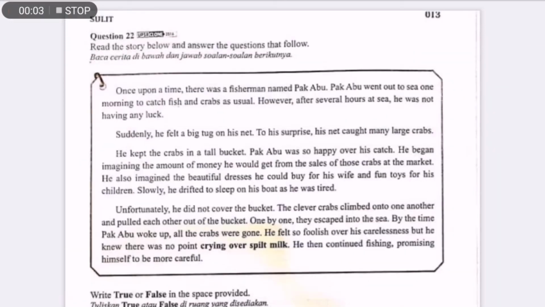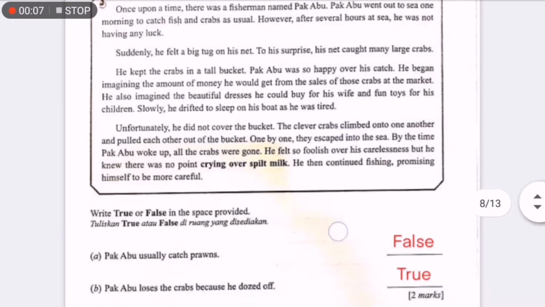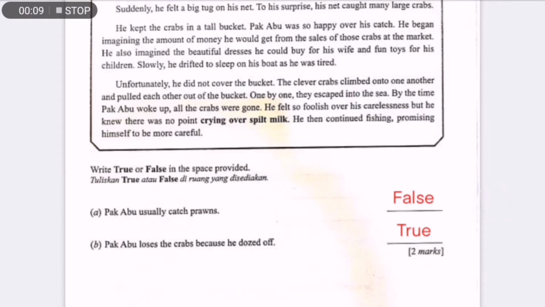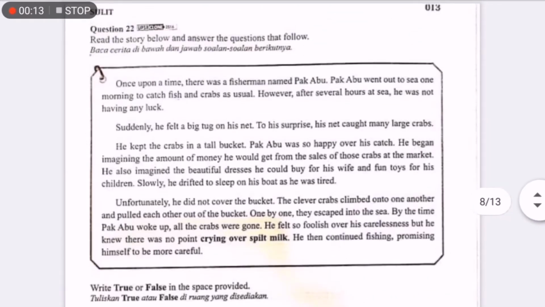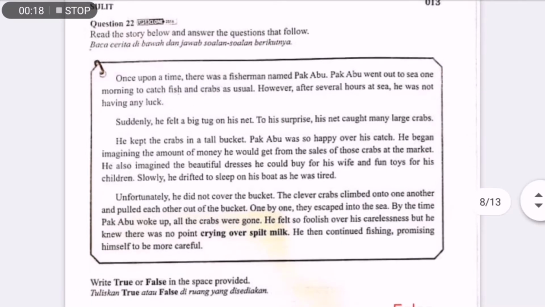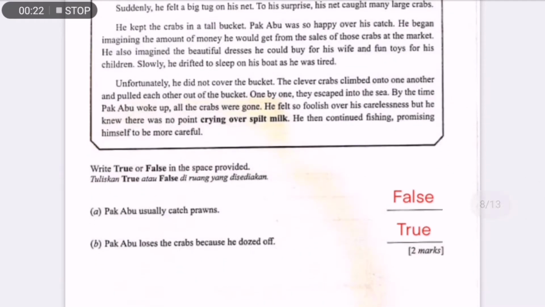Comprehension question. Let's take a look at question number 22, the first one. Pak Abu usually catches prawns. Is it correct? No, it's false. He usually catches fish and crabs, in the first paragraph. Pak Abu loses the crabs because he dozed off.